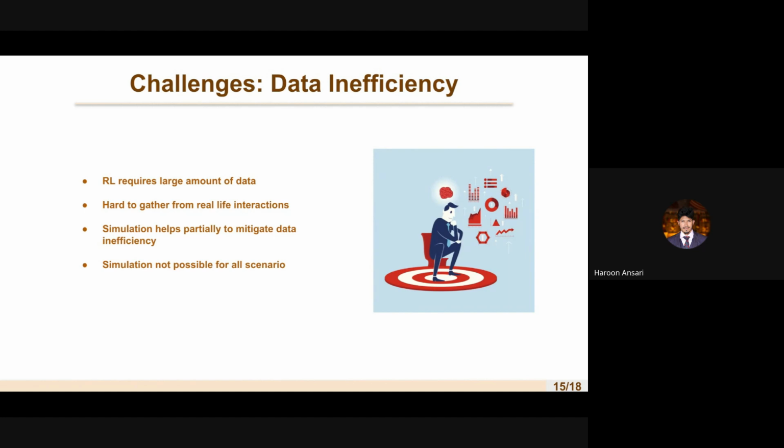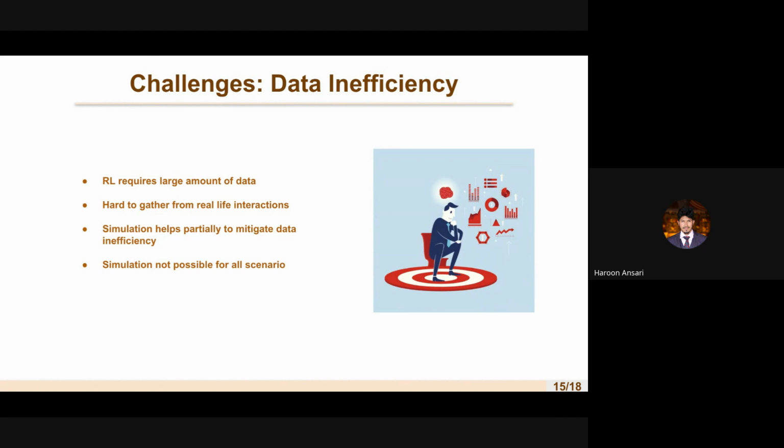Now there are, however, a few challenges that RL is not able to overcome for the cases where everything is so nondeterministic that we cannot simulate it. It happens in healthcare also. For example, let's say you are using RL for diagnosis.